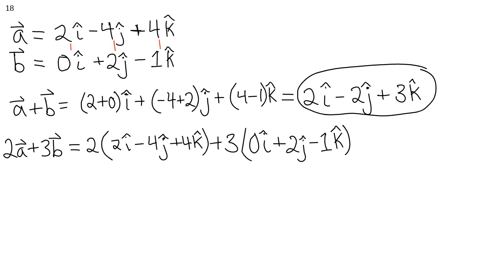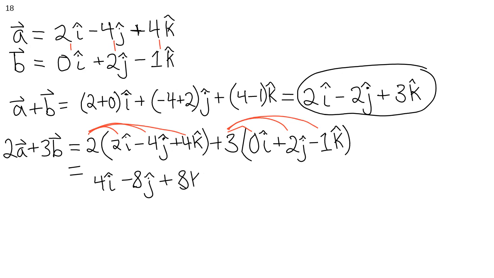But whatever. Let's distribute. So each coefficient you distribute here, and you're going to distribute the 3 to each component. You're going to get 4i hat minus 8j hat plus 8k hat plus 0i hat plus 6j hat minus 3k hat.